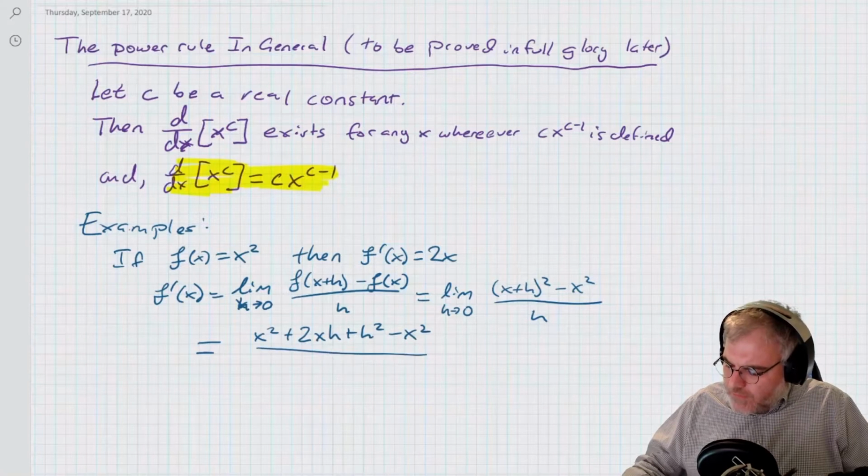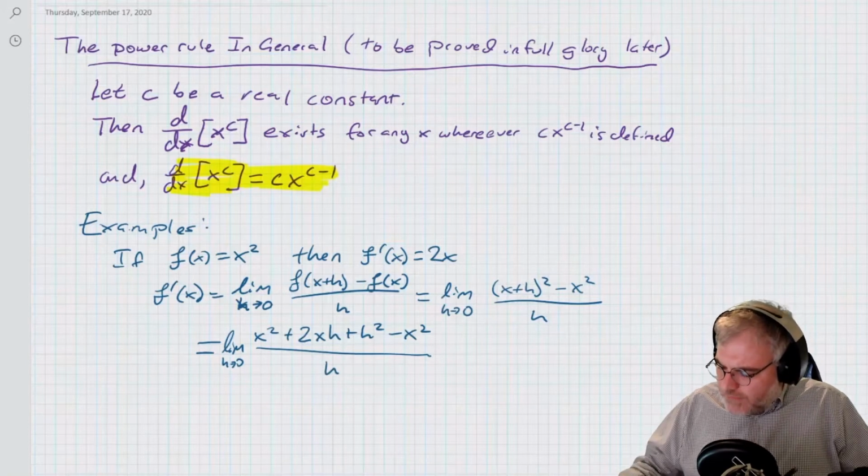My brain is going faster than my pen. Don't forget the limit sign, h. And then things cancel. I factor out the h, so I get h times 2x plus h all over h.